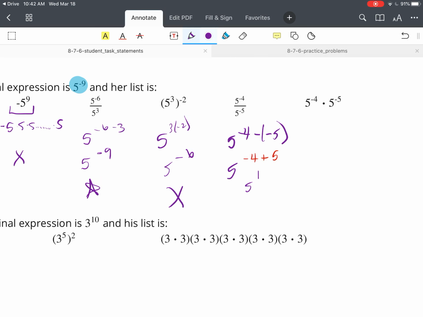So that's 5 to the 1. And last but not least, 5 to the negative 4 times 5 to the negative 5th. Since we're multiplying, we're going to add the exponents. It's going to be 5 to the negative 9.